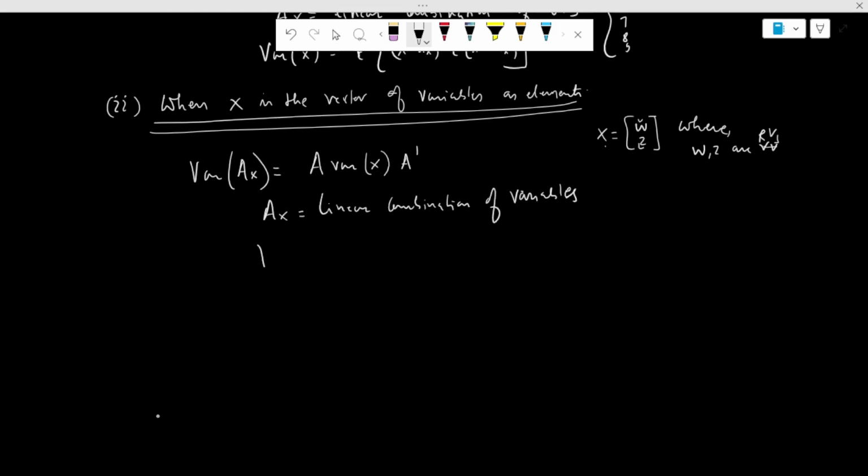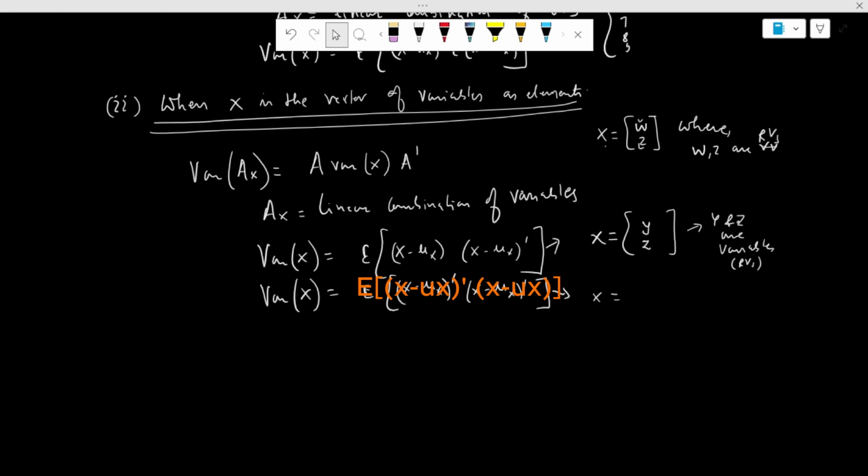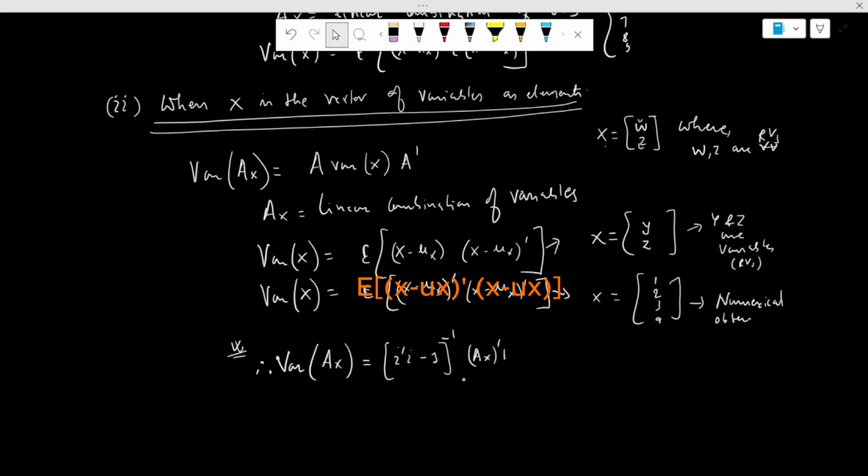The variance of vector X, whose elements are random variables, is given by the expectation of (X minus mu X) times (X minus mu X) transpose, which gives us the variance covariance matrix. So in one case, X is a vector of random variables, let's say y and z, and in the other case, variable X contains n numerical observations. Now let us quickly summarize these two conditions.